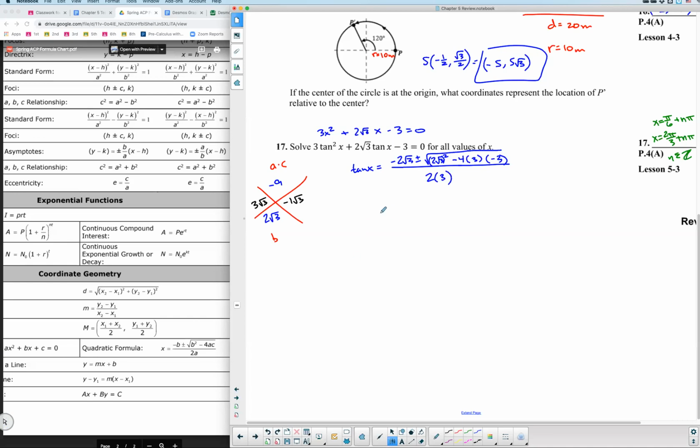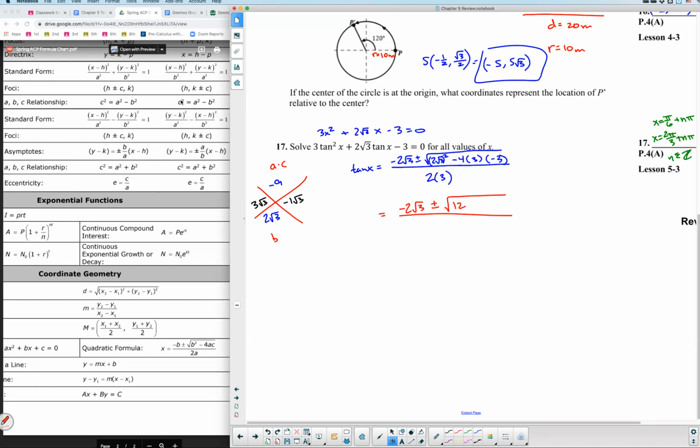So this problem I can take all day, or I can go a little bit quicker and just tell you as I go. That's -2 square root of 3 plus or minus. Okay, when you square this, 2 times 2 is 4, square root of 3 times square root of 3 is 3. So that's going to be 12.